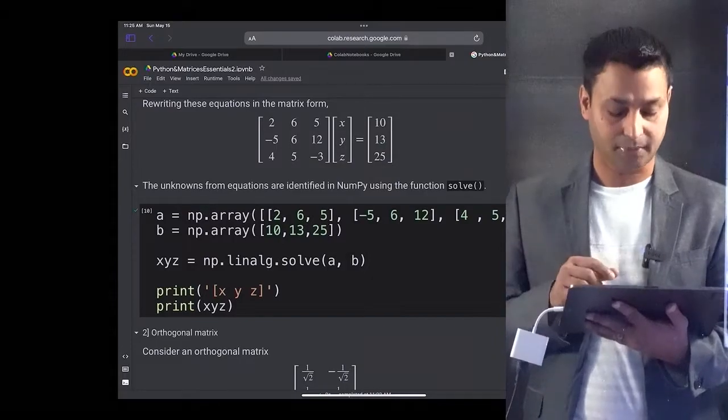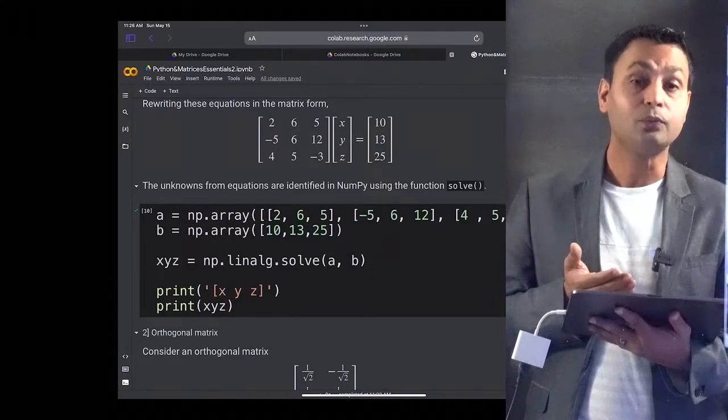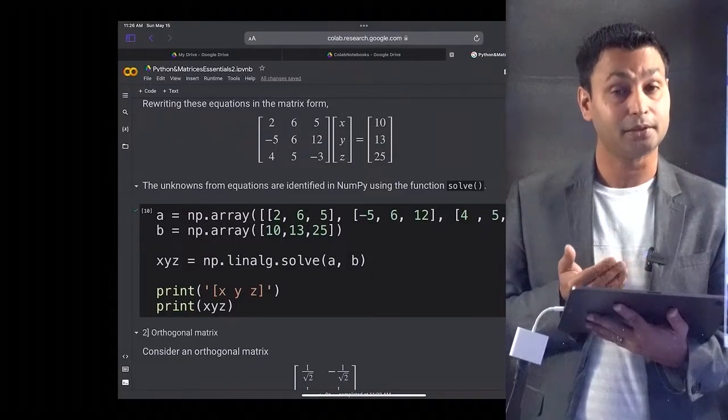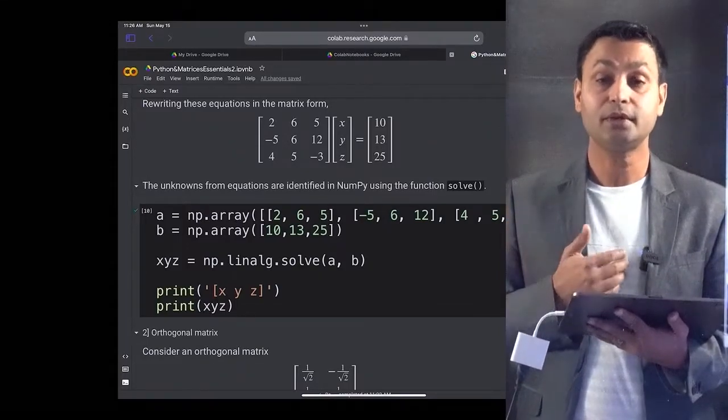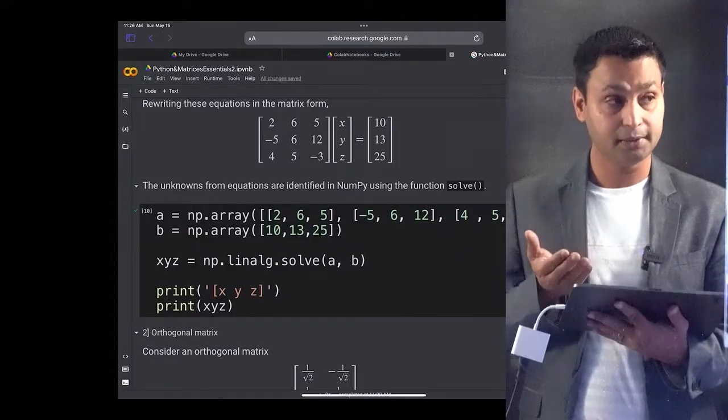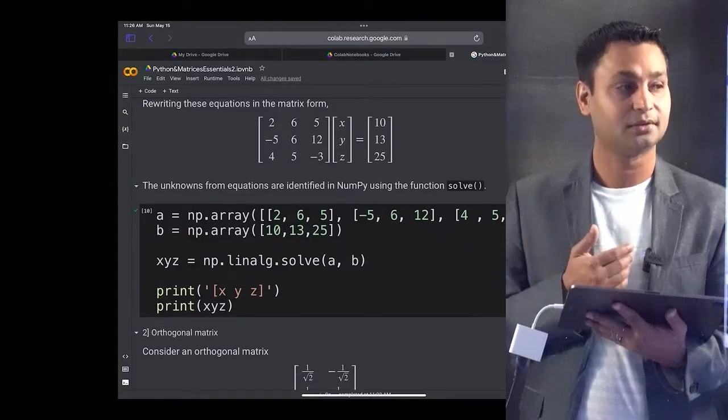If you look at the command, we begin by defining the A matrix using np.array. Then we use np.array again to define the vector B, which is on the right-hand side: 10, 13, and 25.